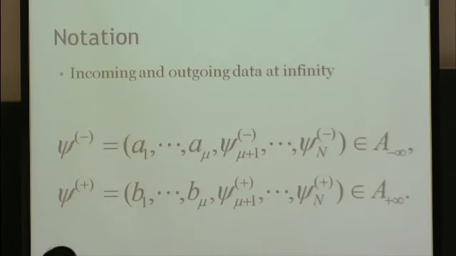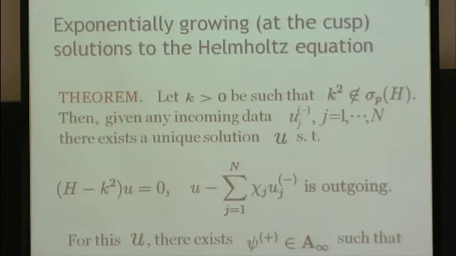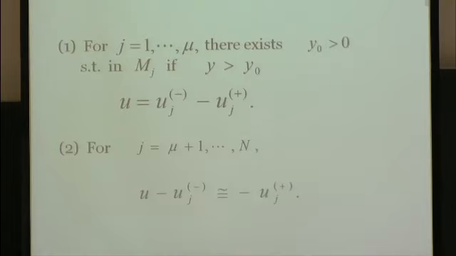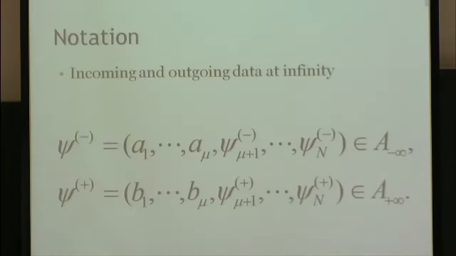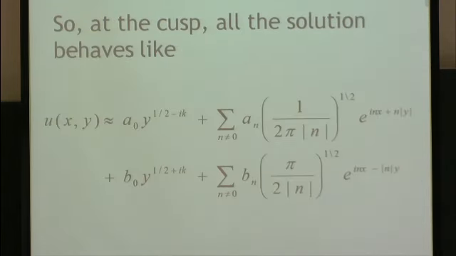So you have this incoming and outgoing data, and you can define the generalized S matrix as a map which assigns this data to this data.